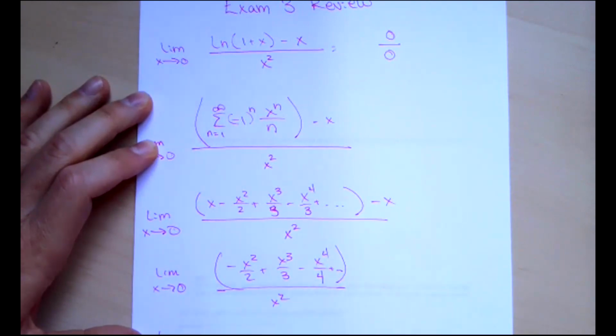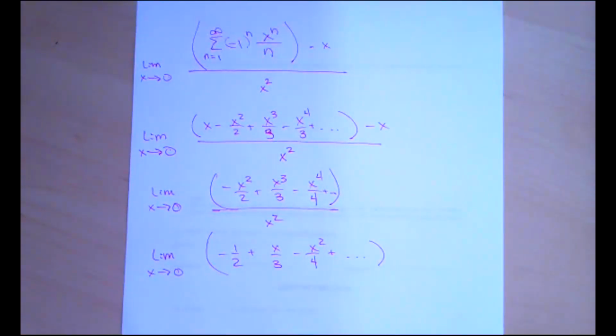And what are we left with? By dividing out that x squared term, it gives me a constant term left in the sequence. And what happens when I plug in 0 for the rest of the x's?